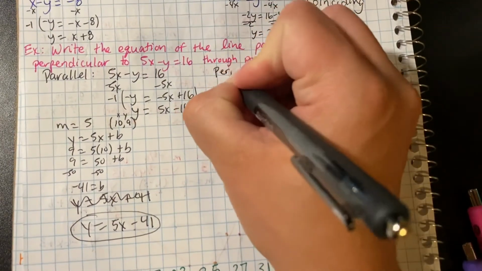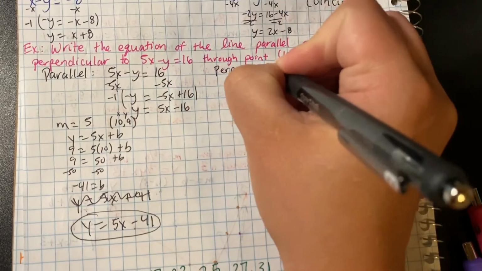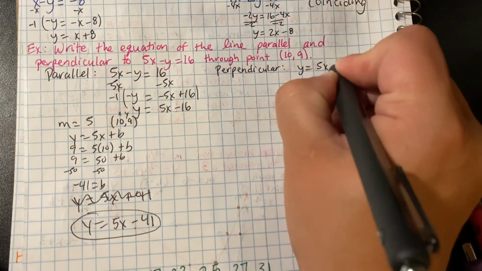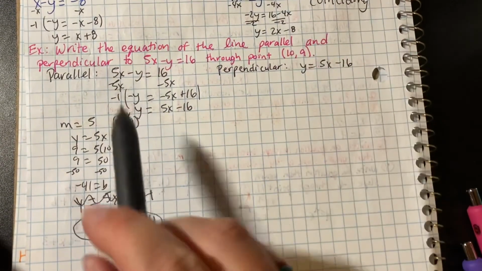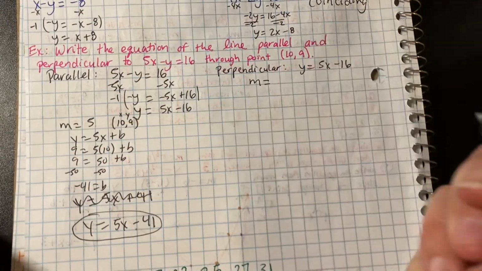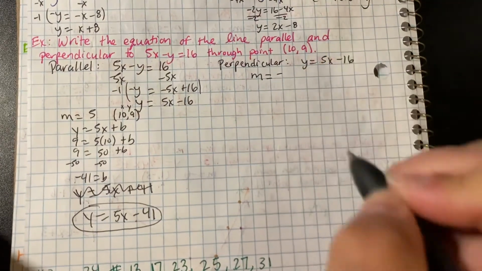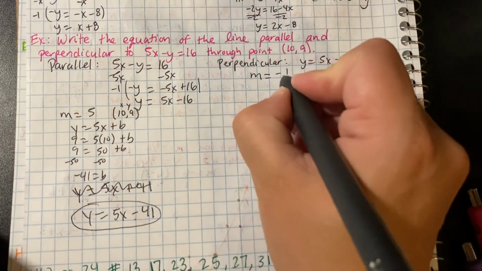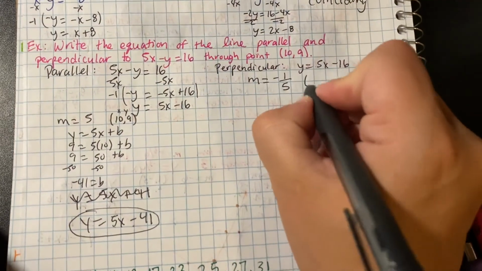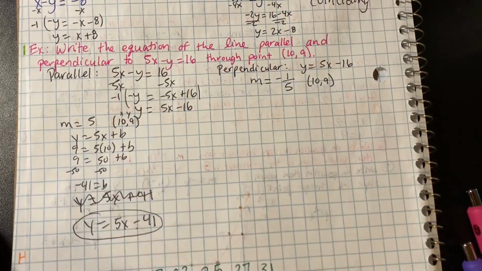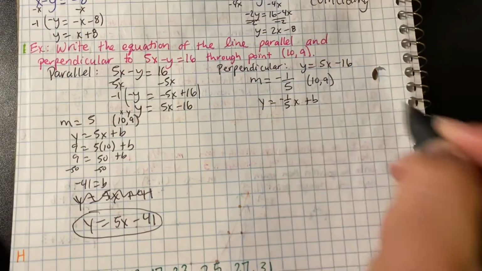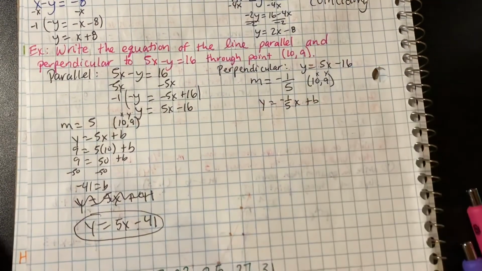Okay. Perpendicular. We can use the same line, y equals 5x minus 16, and it tells us perpendicular. So what does a perpendicular slope have? It's the opposite, so the opposite of 5 is negative, and we would do 1 over 5, so that would be our slope. And we know it needs to go through this point. So we're going to do the exact same thing as over here, but we're going to use negative 1/5 as our slope this time, and plug these in.